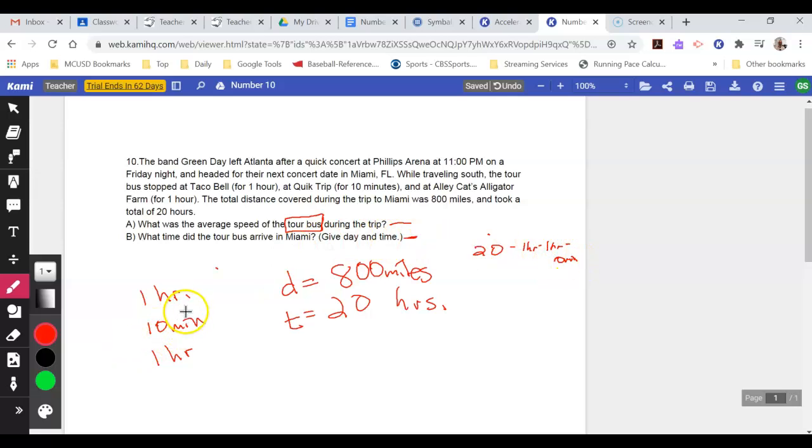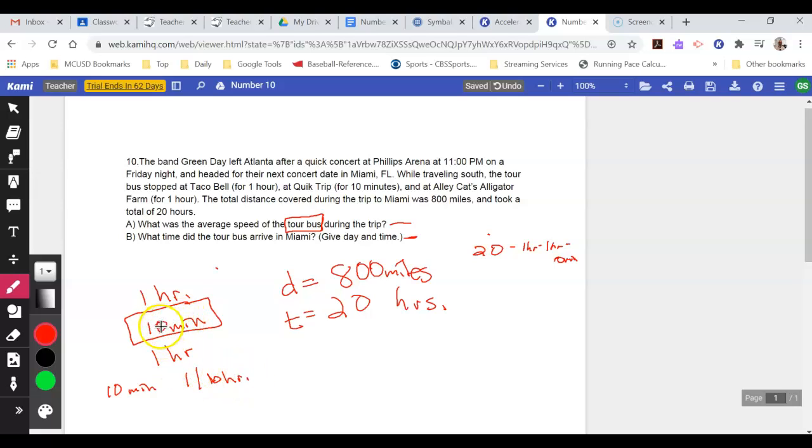All right, so here's again, physics involves kind of some common sense thinking that just didn't seem to be applied to some of these problems. So again, 20 minus 2 would be 18, and then you're left with this 10 minutes. So 10 minutes is really 1/6 of an hour.